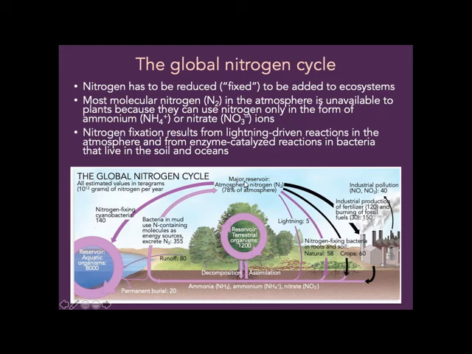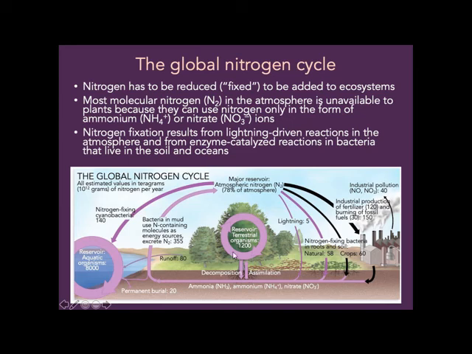So you end up getting nitrogen fixation from lightning-driven reactions in the atmosphere, and also from bacteria and things like that. So nitrogen in the ocean, the aquatic reservoir, there are 8,000 times 10 to the 12th grams of nitrogen per year in the ocean.